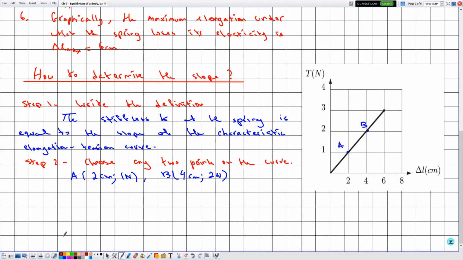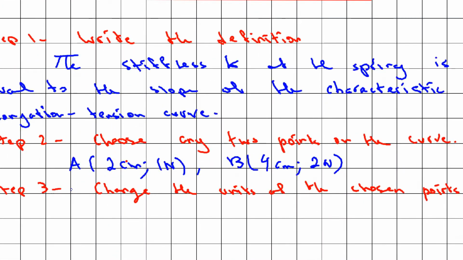Now step number 3 is to convert to the SI. Then we know that the SI unit of length is meters and not centimeters.